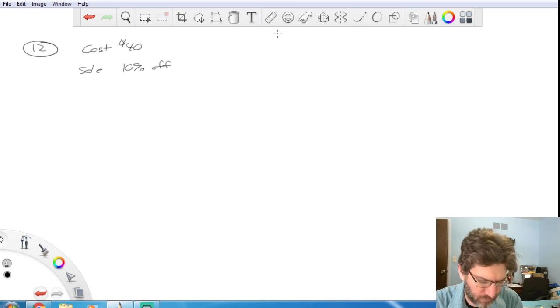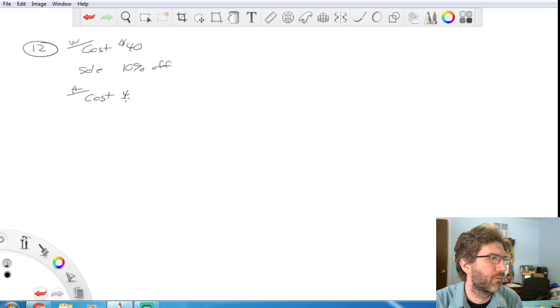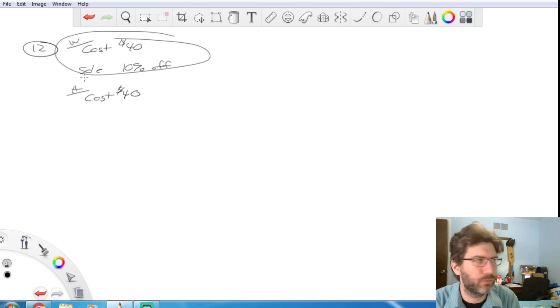Really? It's a stupid question. This is Washington. This is Alabama. They cost the same, but this one's 10% off. That one's cheaper. Would you rather pay $40 or would you rather pay 10% off of $40? You're saving money. I don't know what the book is trying to get out there, but it's just that simple.